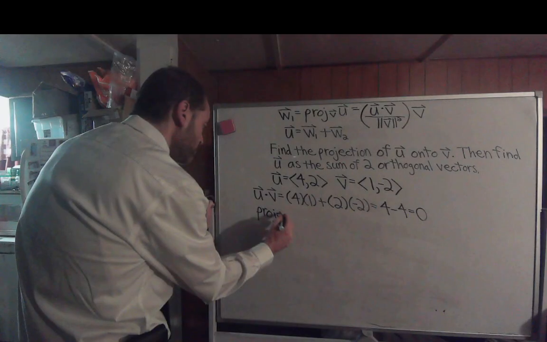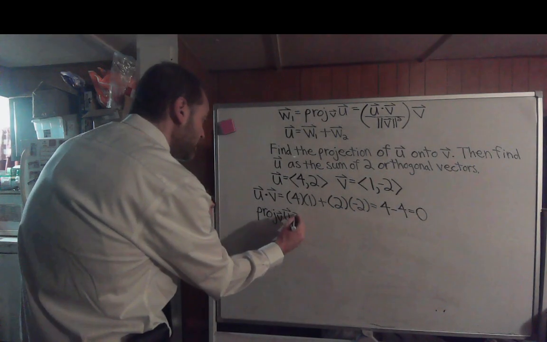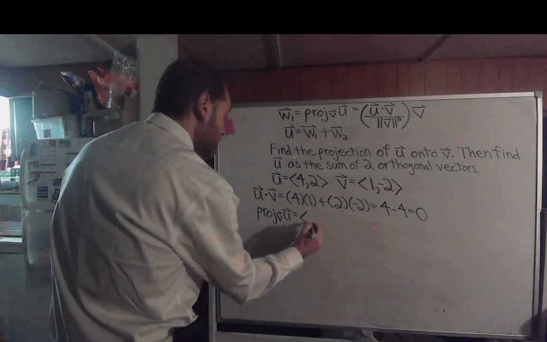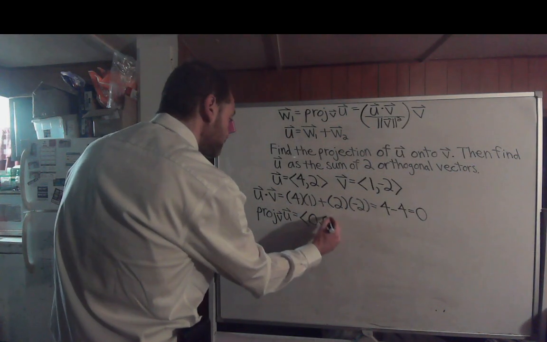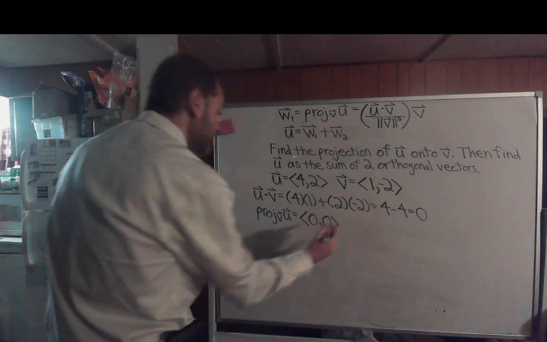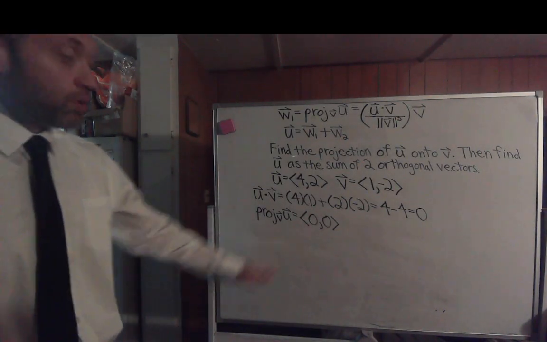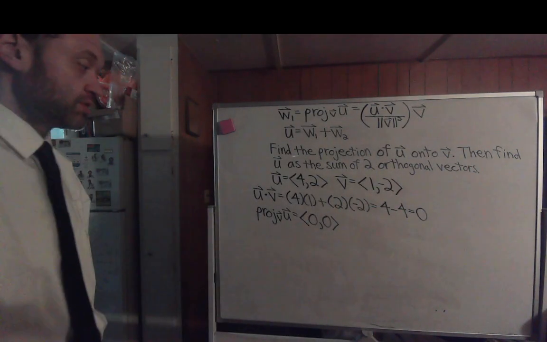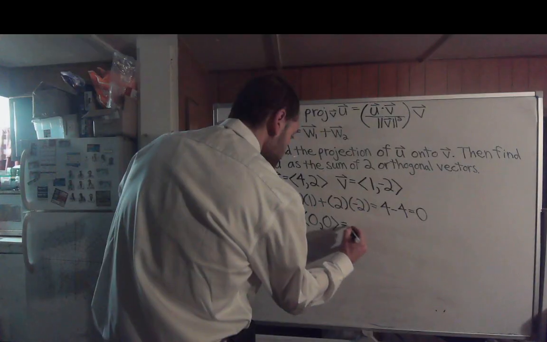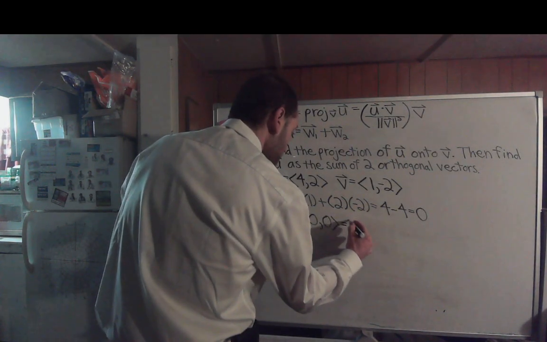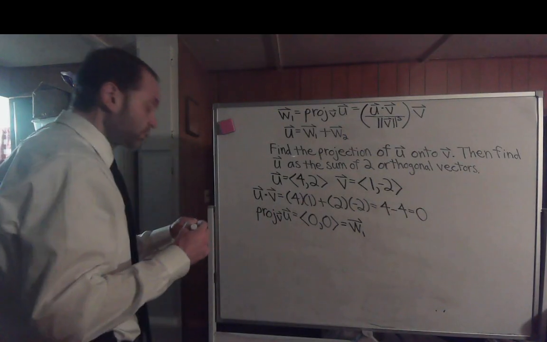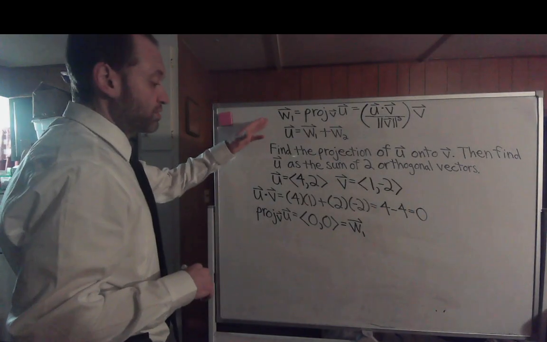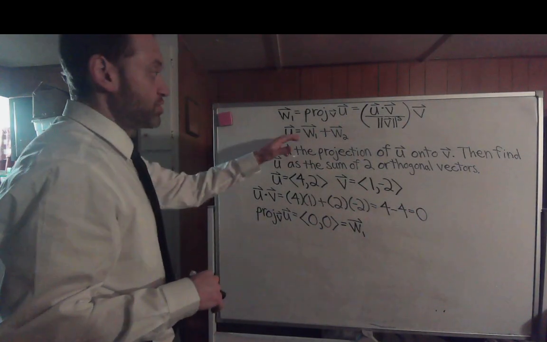of vector u onto v is going to end up being 0, 0, or otherwise called the zero vector, which is going to be vector w sub 1. So basically, it's like vector w sub 1 is its own projection of u.